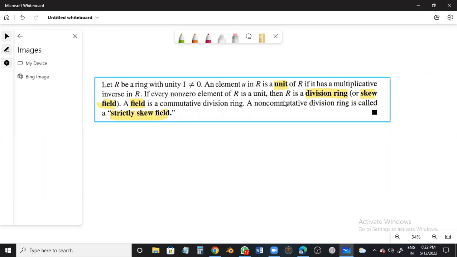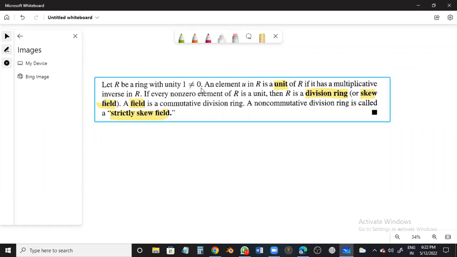A multiplicative inverse is different from a multiplicative identity. See here, let R be a ring with unity 1 not equal to 0. Because you know, if you take the zero ring, the unity is 0 there. So it is very necessary to mention what your unity is.